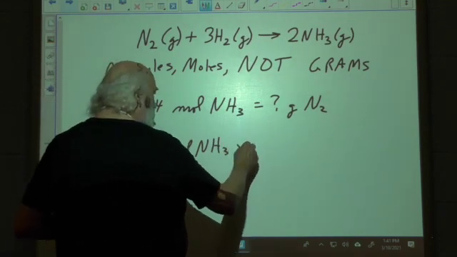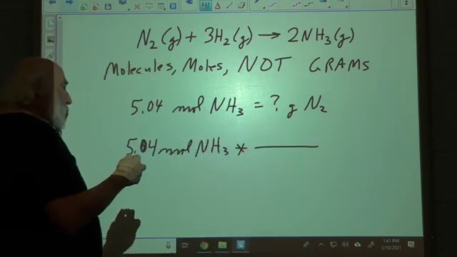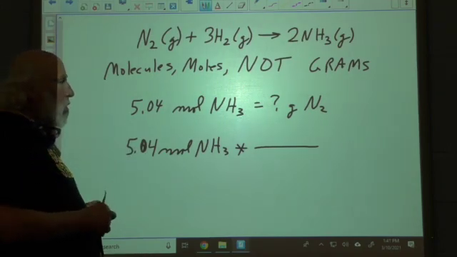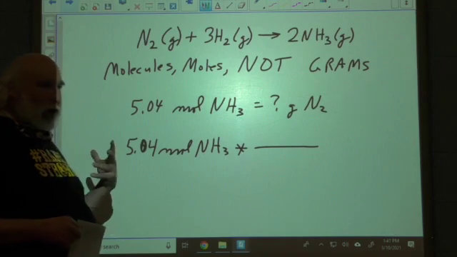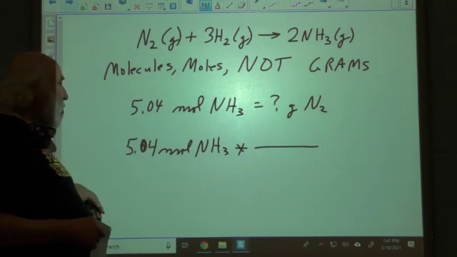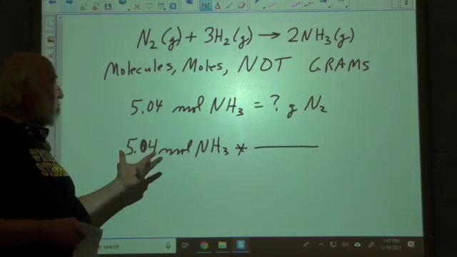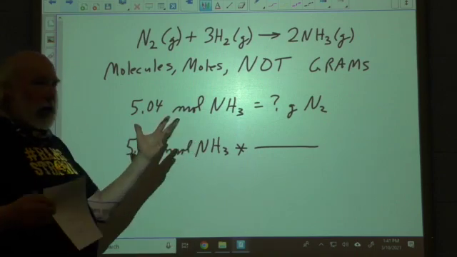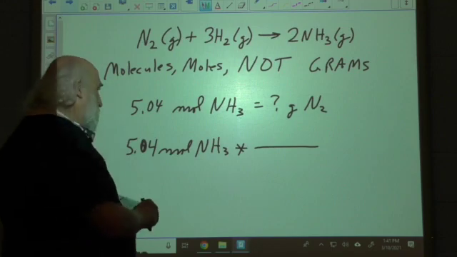Now, I want to change that to nitrogen, and I want to change that to grams. Unfortunately, when we do conversions, we can only change one of the 2 things. So we have to go to moles of nitrogen to figure out how many moles of nitrogen we have, and then change that value to grams using the periodic table.